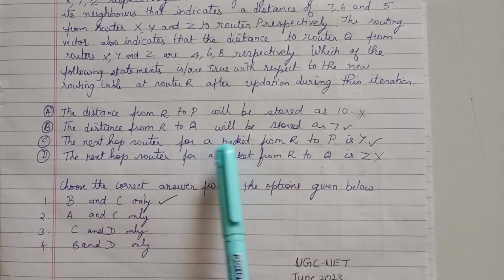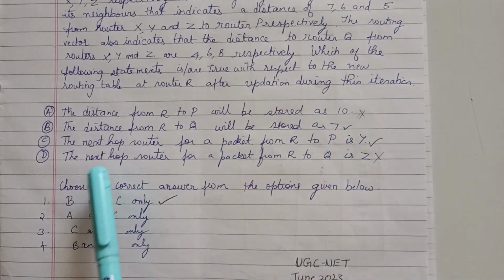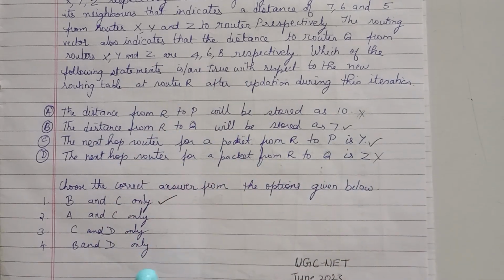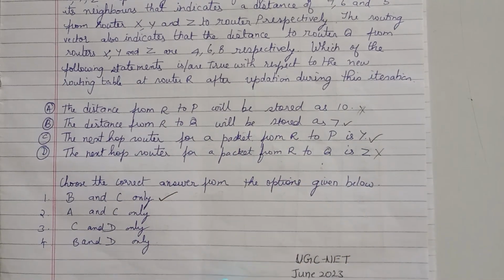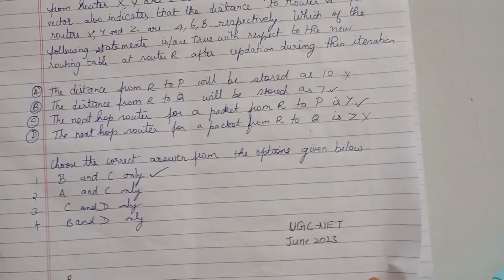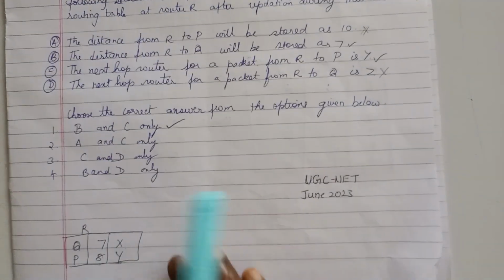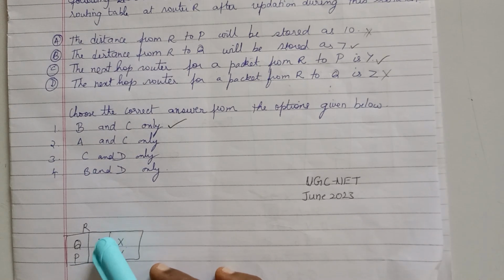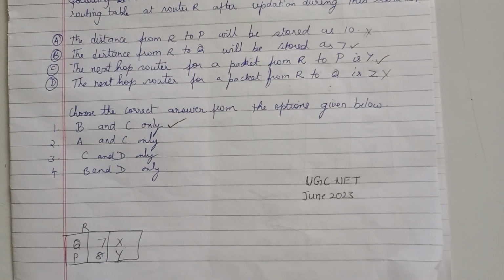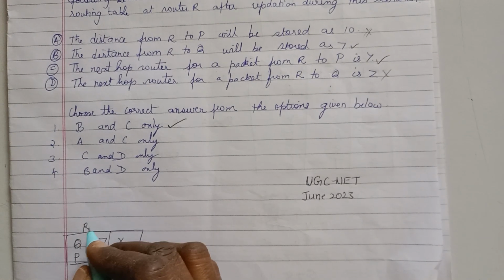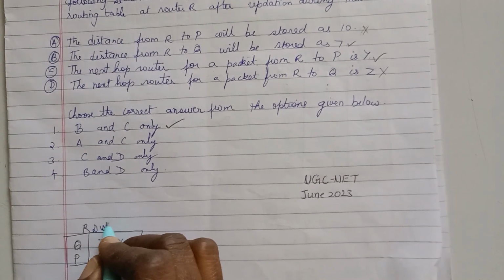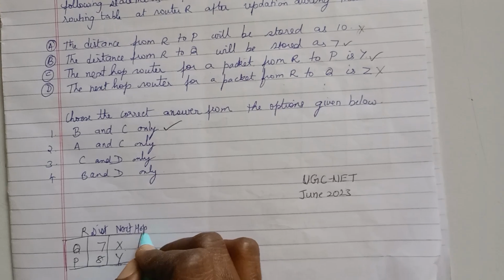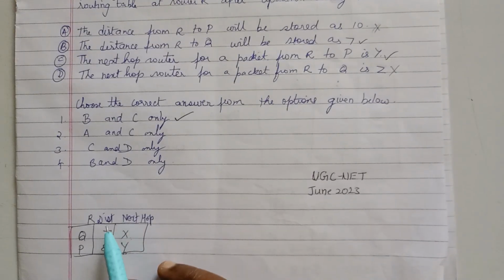The next hop router for a packet from R to P is Y. Next hop router for a packet from R to Q is Z. As we have found the updated routing table, from R to Q the distance is 7 and the next hop is X. So this is the distance and this is the next hop.